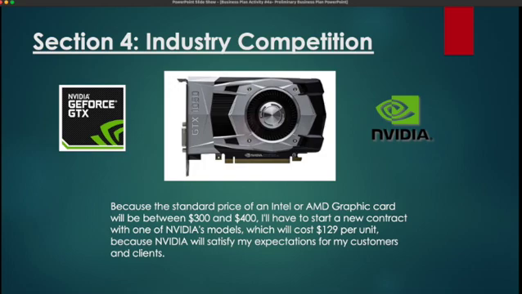Right now, the minimum graphic cards for Intel and AMD in the market are between $300 and $400, while Nvidia would offer me 129, and it would give me enough specifications and features.